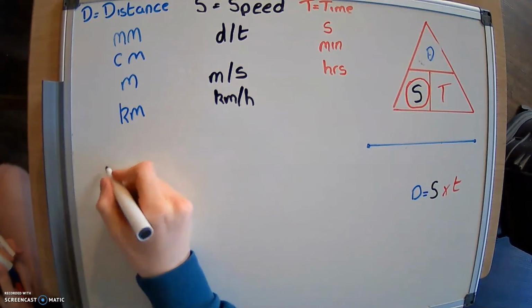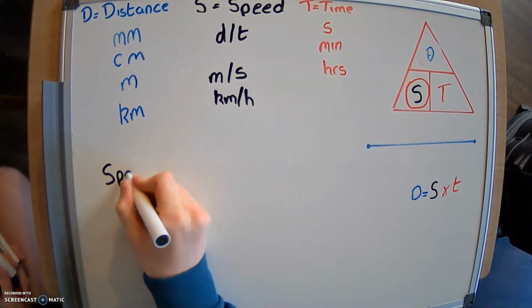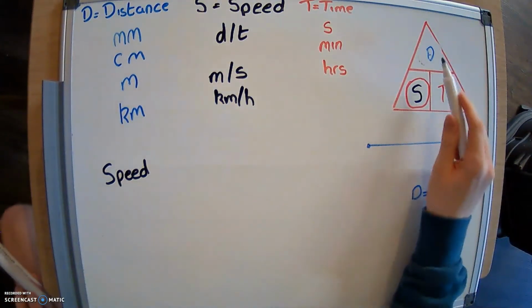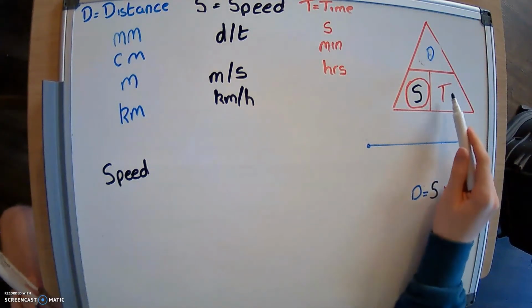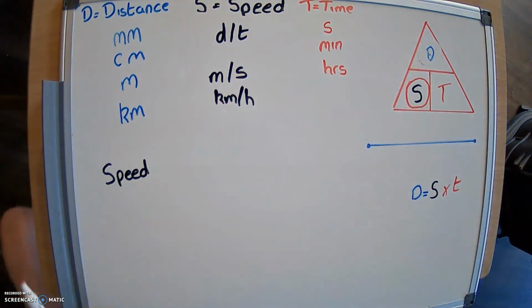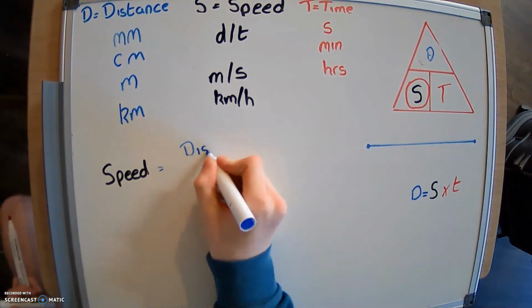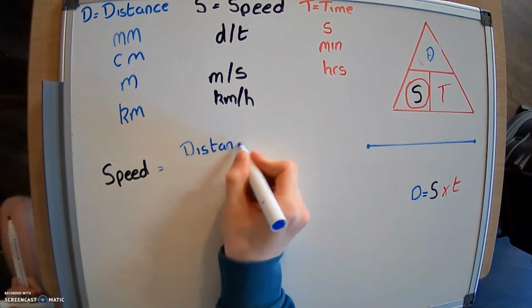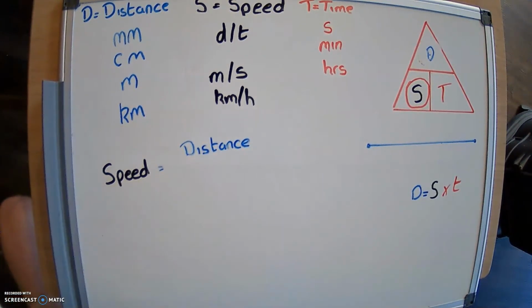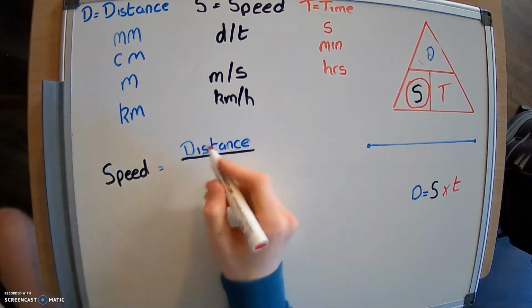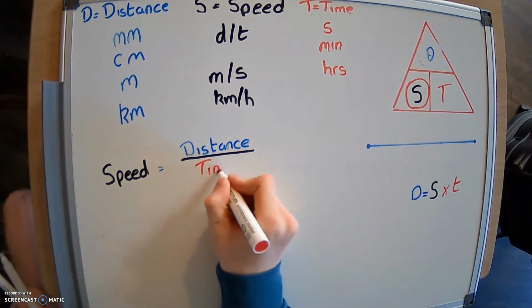So as you can see, speed, S, is equal to distance over time. So speed equals distance all over time.